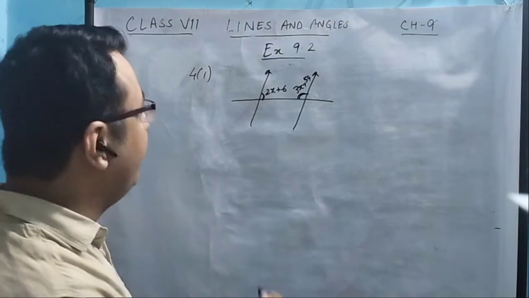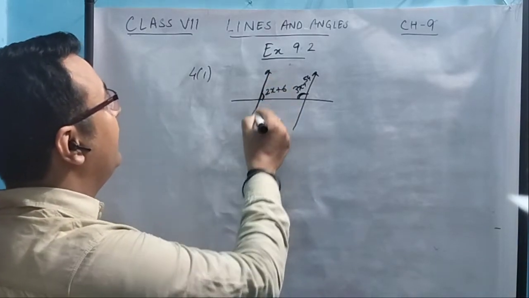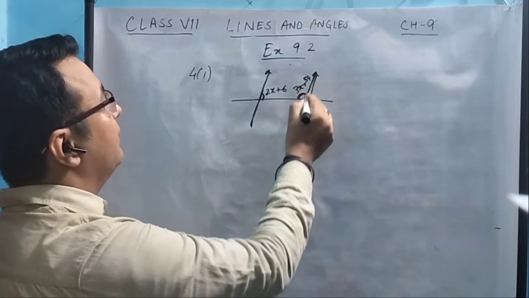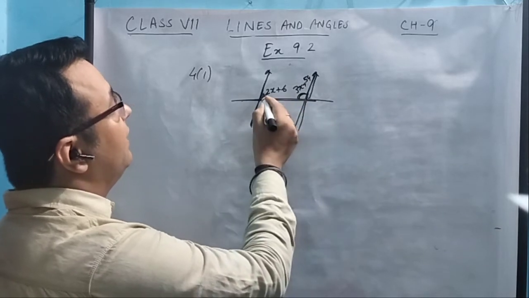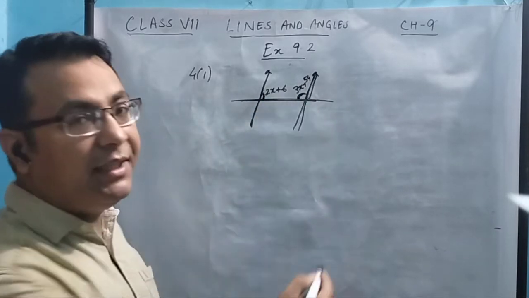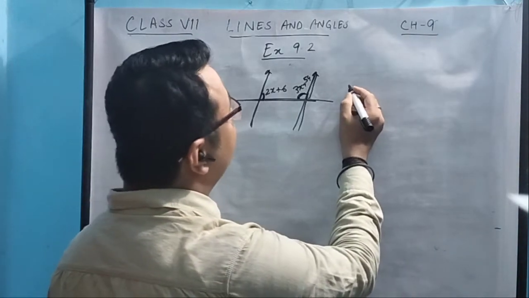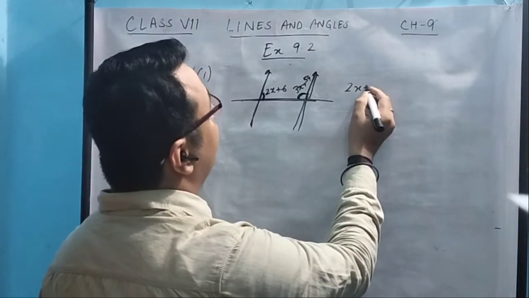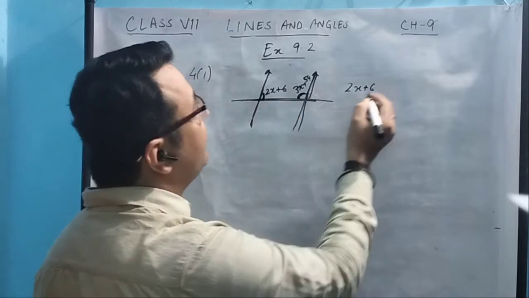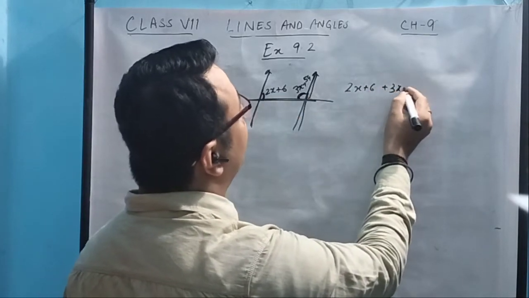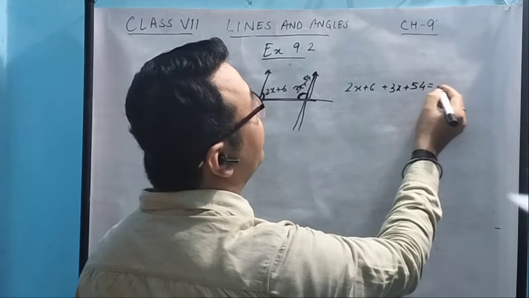As you can see clearly, these two are parallel lines and this is the transversal. Both these angles are on the same side and they are inside the parallel lines. So they will form a pair of co-interior angles. So this angle 2x plus 6 and 3x plus 54 form a pair of co-interior angles.